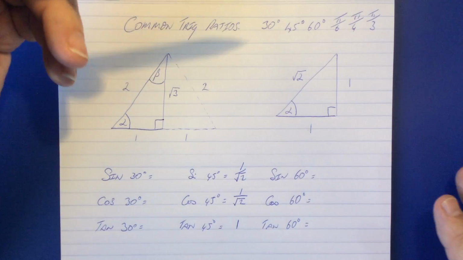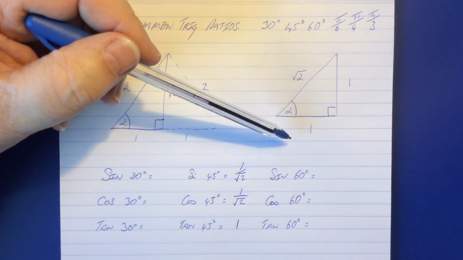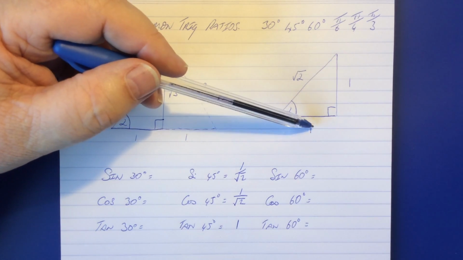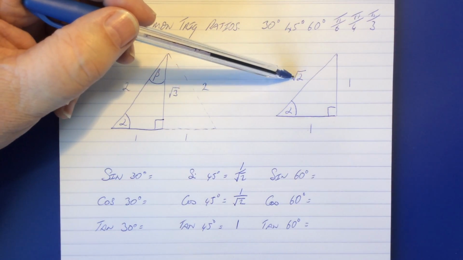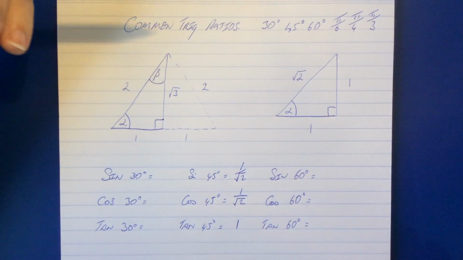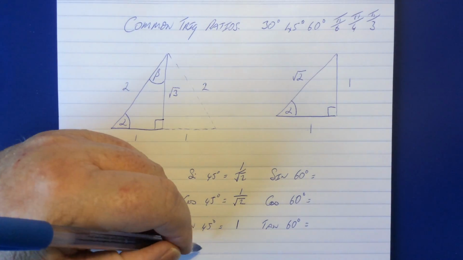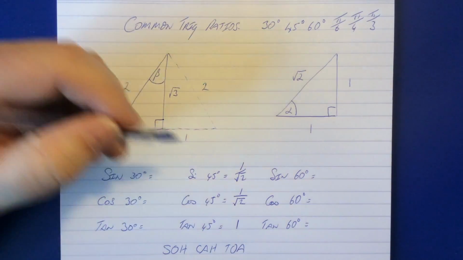Okay, so that's how we get these. We draw up this triangle, and we simply apply the rules. Opposite over adjacent, adjacent over hypotenuse, opposite over hypotenuse, SOHCAHTOA, which it may help if you see it written down here, SOHCAHTOA.